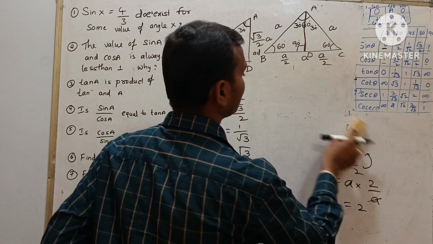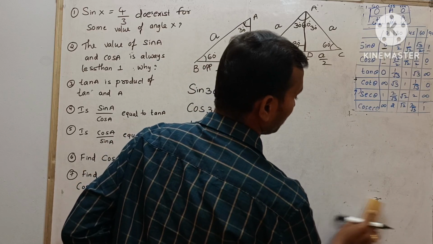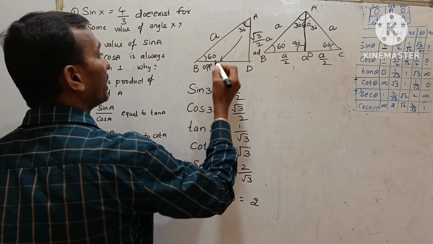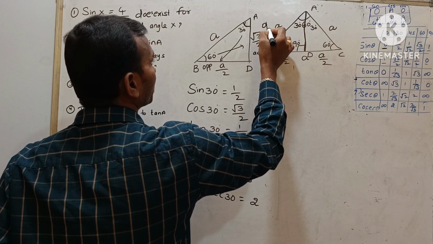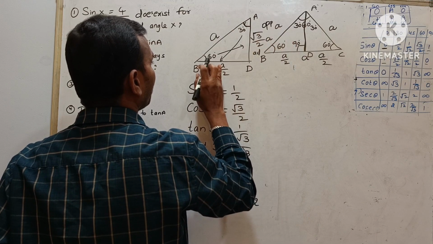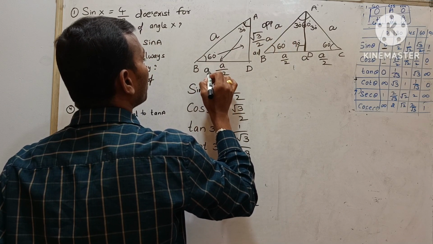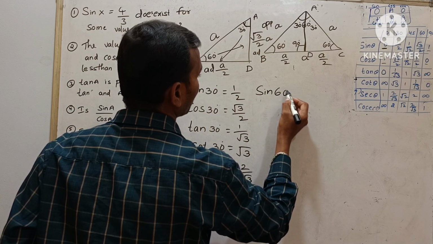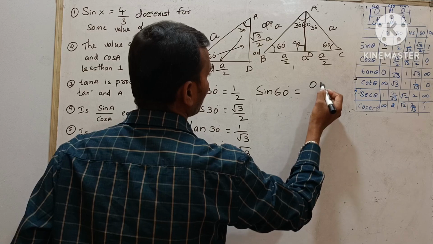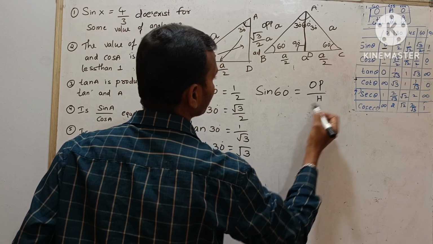Similarly, we can calculate sin 60, cos 60 and all the values, but we have to see from here. If you see from here, our opposite becomes root 3 by 2 times A, and the adjacent becomes A by 2. I will do only one, sin 60, and the remaining you try. Sin 60 is nothing but opposite by hypotenuse.